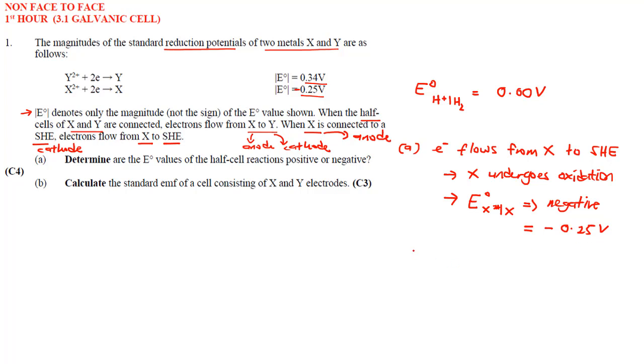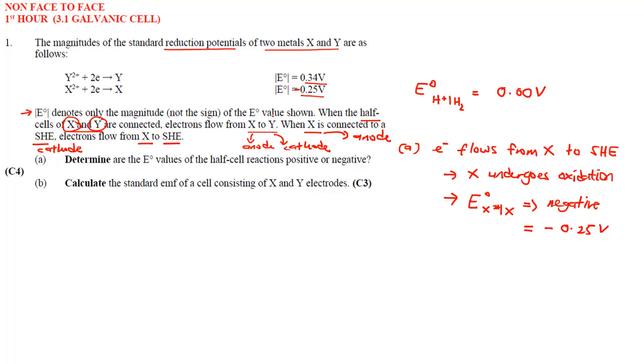Okay, alright. Next kita tengok dah tentukan untuk X, kita tengok untuk Y pula. Bila X dan Y connected, electron flow from X to Y. Maksudnya Y tu mesti lebih positif lah. So value Y tu we leave it as positive 0.34. Value Y tak boleh jadi negatif.